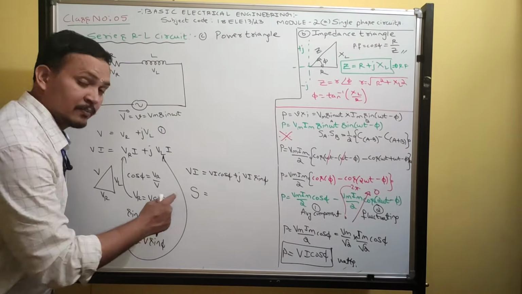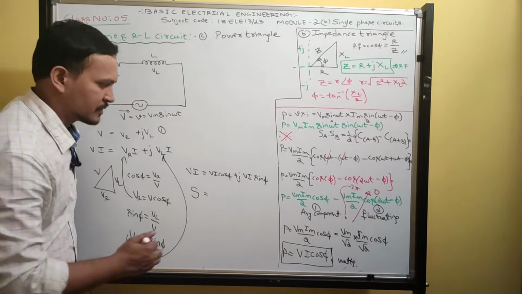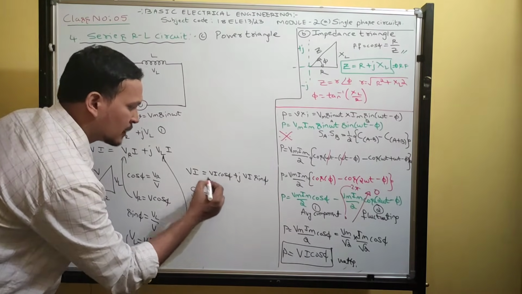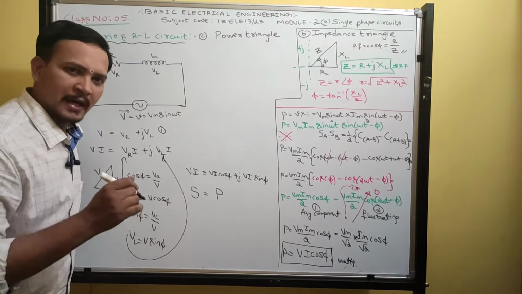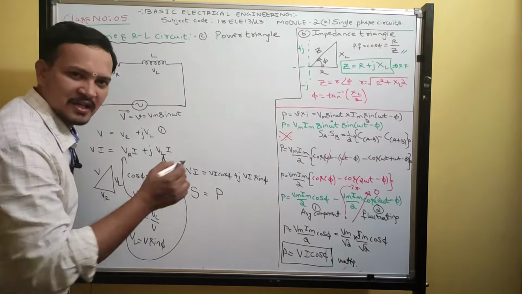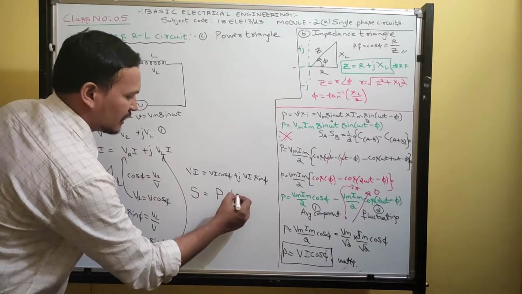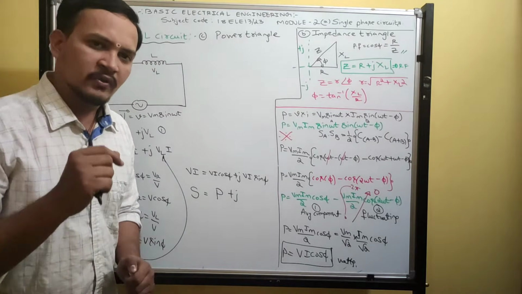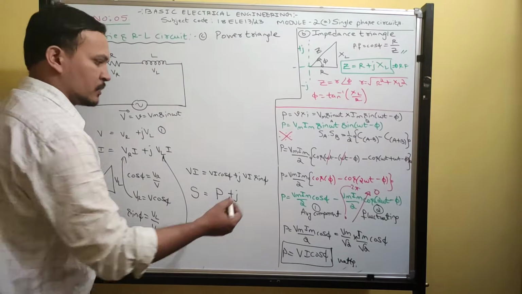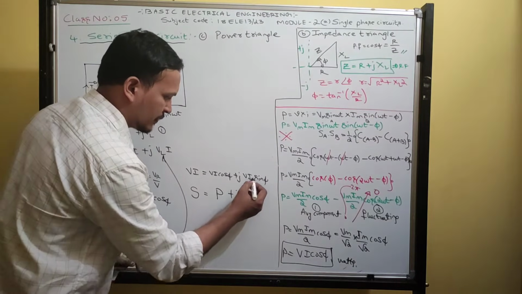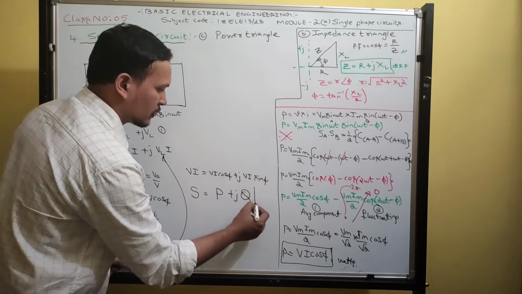It is denoted by capital letter S. And this power is nothing but real power, true power, active power, useful power, average power. All are the same meaning. Then plus J VI sin phi is reactive power or wasteful power. So VI sin phi is imaginary power, that is denoted by Q.